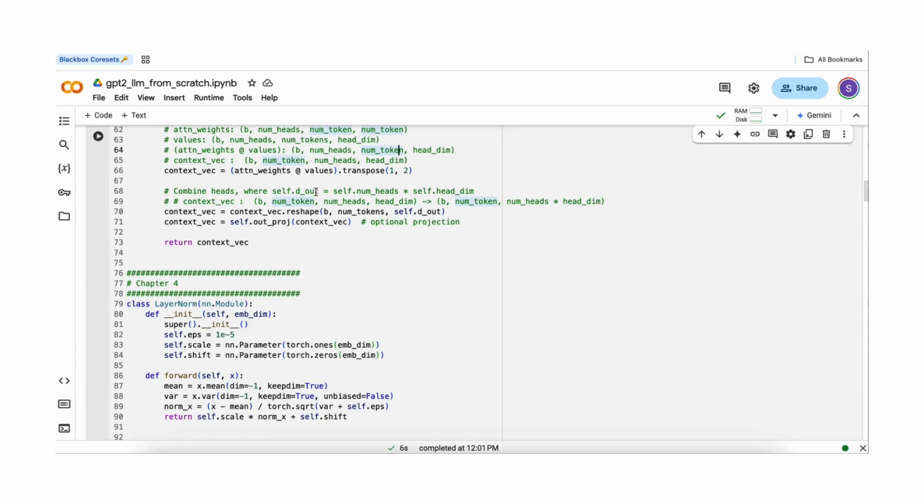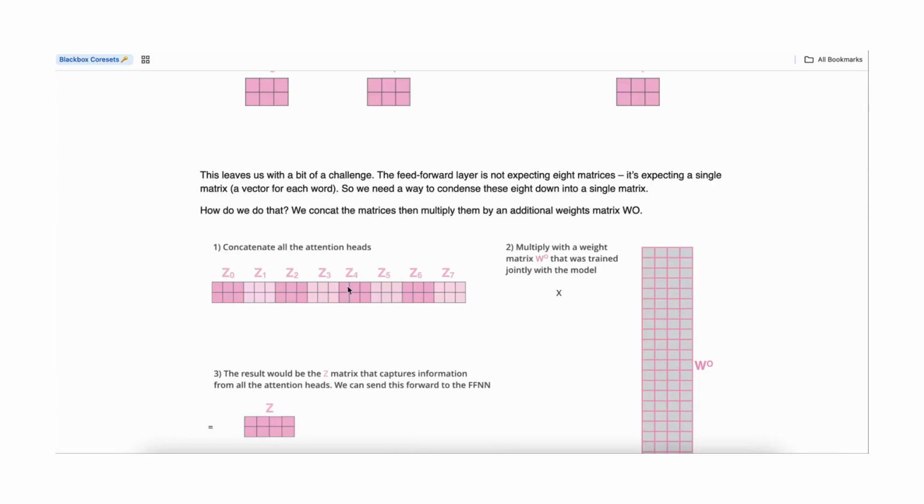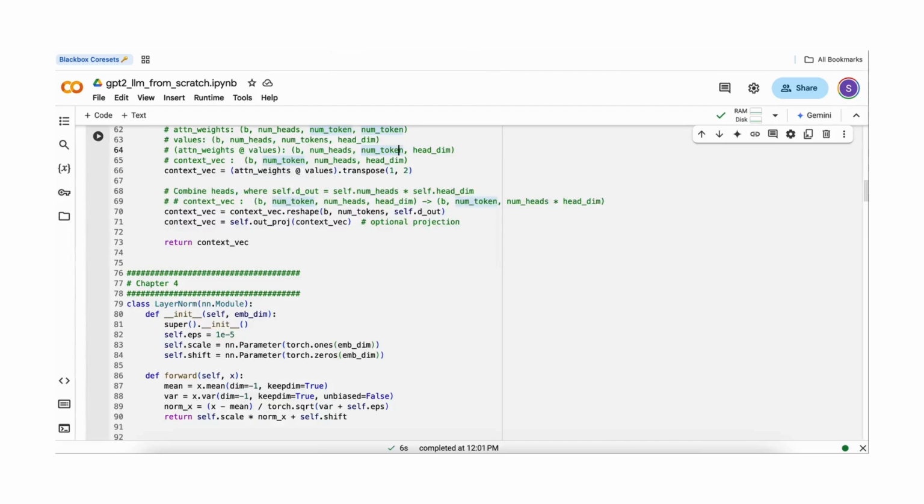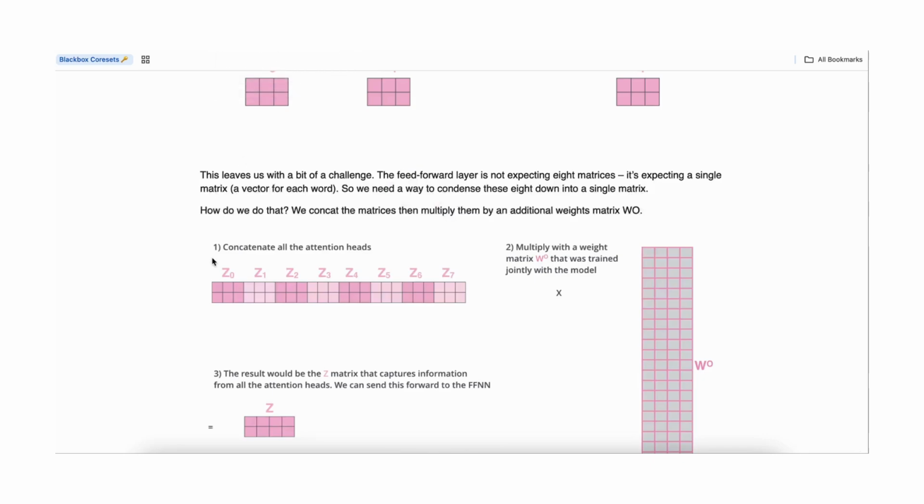So now we have to convert it back to this whole huge concatenated attention head. So we've got each of these. Num heads is 8 and head dim is 3 in this cartoon example. And for each we have a num token size vector.